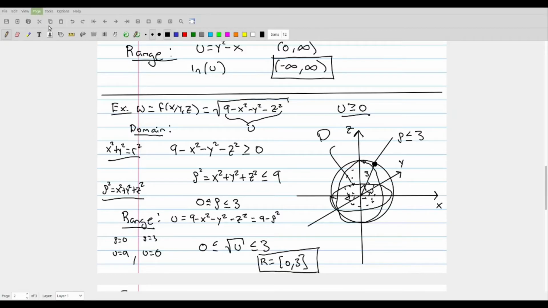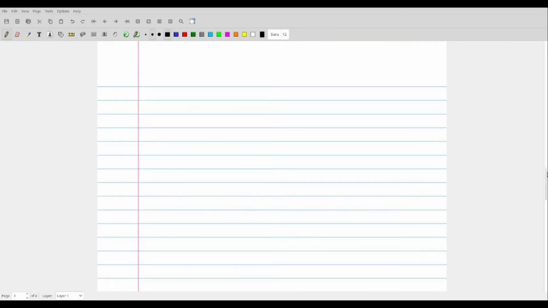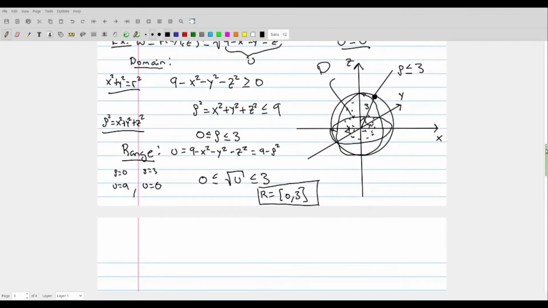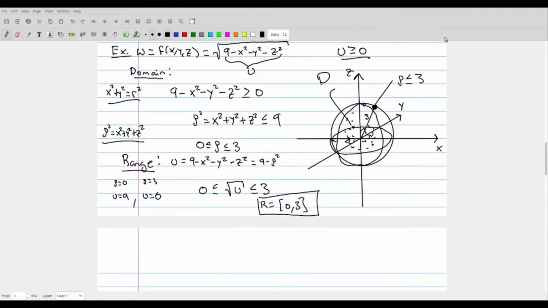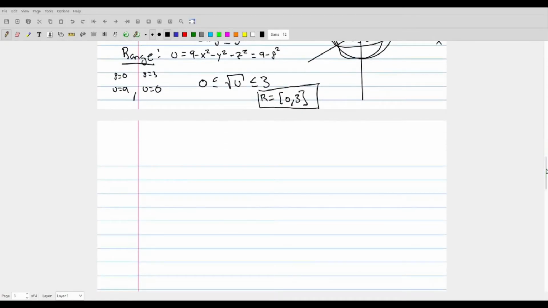If we look at what the function value is at a given point, so this is our function right here, f of x, y, z. And if we look at when w is equal to a fixed value of c, what this shape looks like.